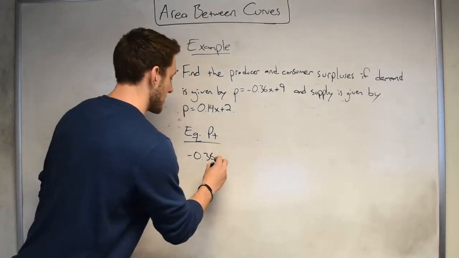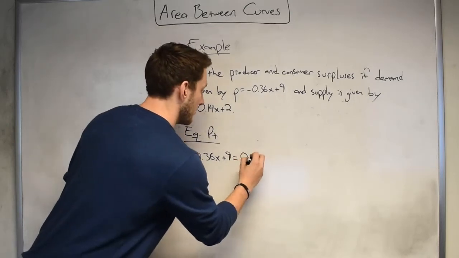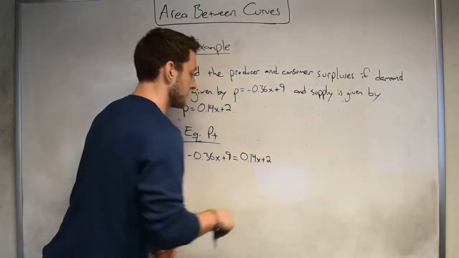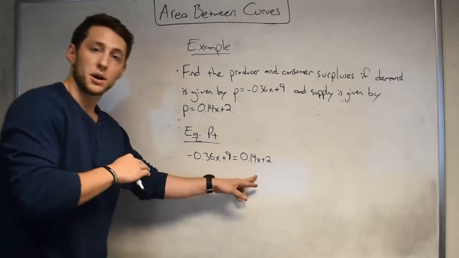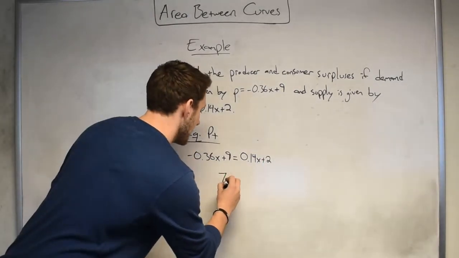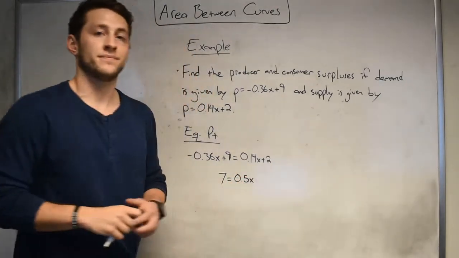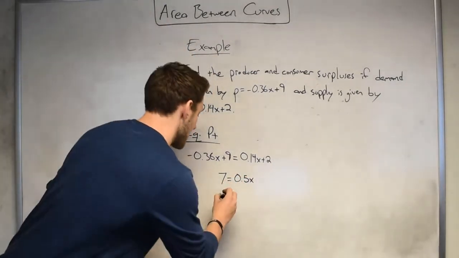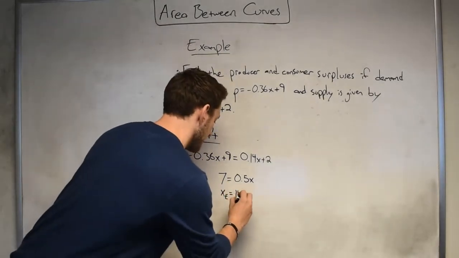Negative 0.36x plus 9 equals 0.14x plus 2. Adding over and subtracting the 2, we'll see that 7 equals 0.5x. This ultimately gives us an equilibrium quantity, x sub e, of 14.